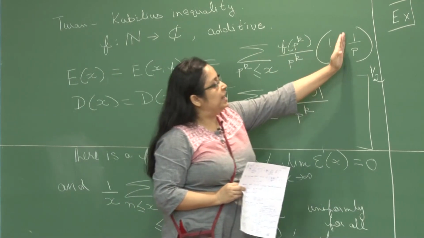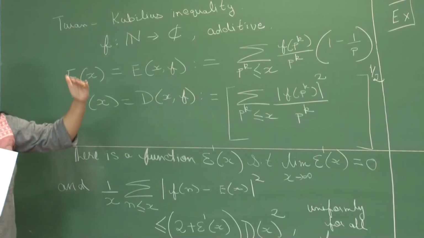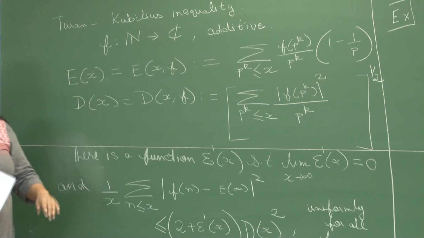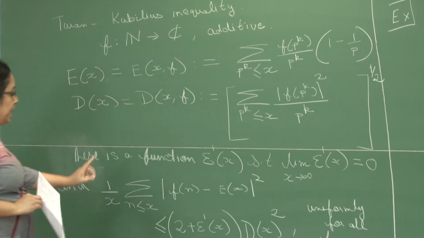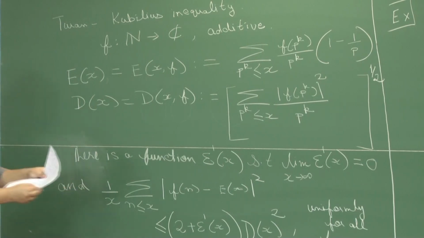The second part, minus 1 over p, essentially became redundant if you were interested in the asymptotic growth of the function. So, what happens is this whole thing gets translated into a general format as well.